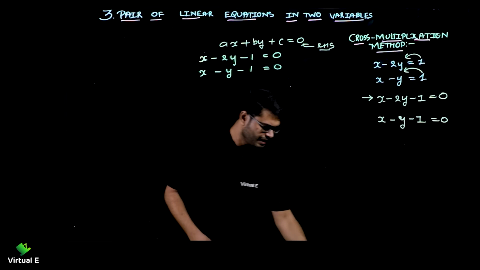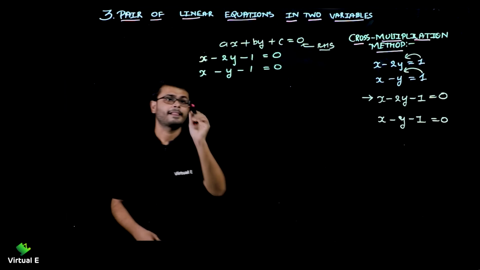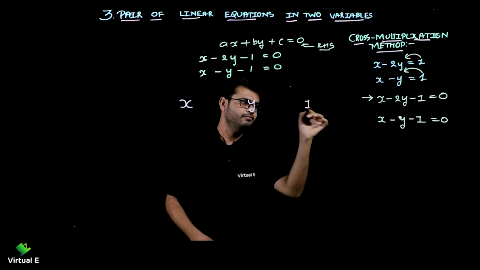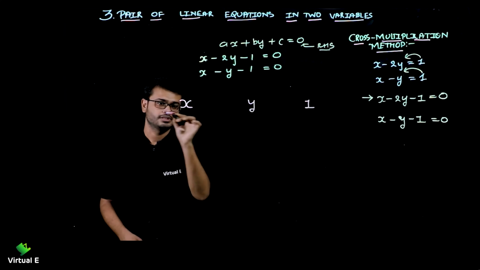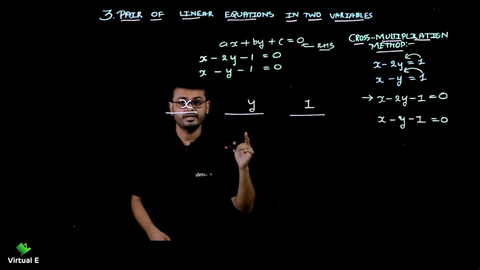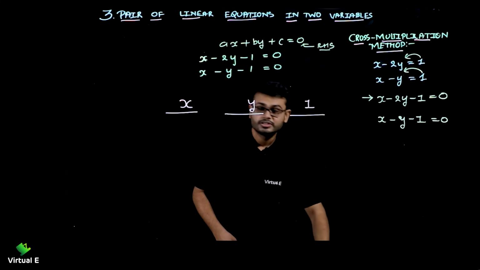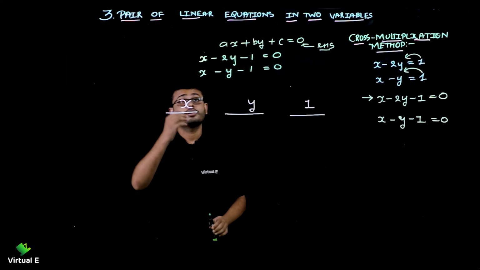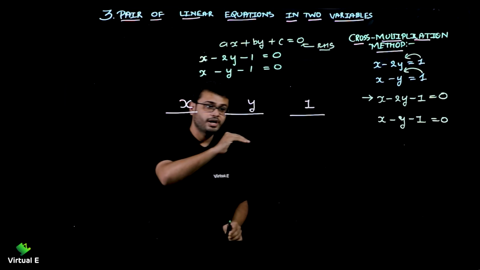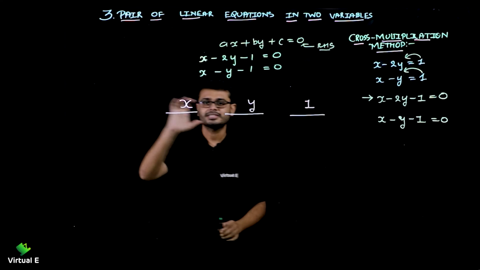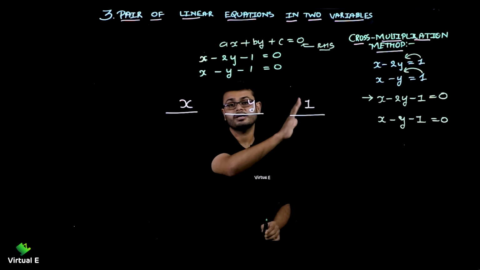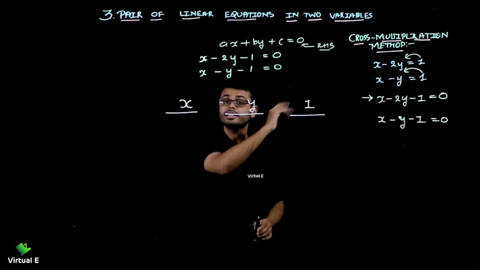First of all, I will be writing as x, then y and 1. Think about that. So first of all, I want few values below x, below y and below 1. This is the standard procedure, x, y and 1. Don't write something else over here other than 1. That will give you incorrect answer.